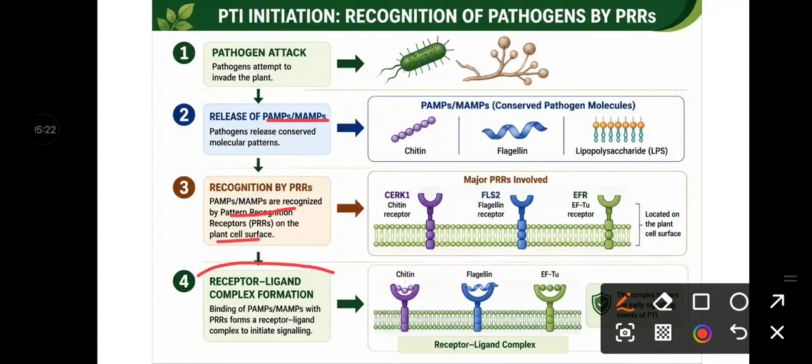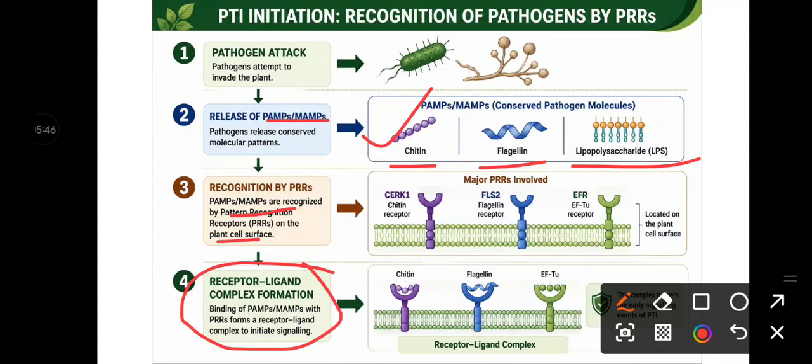This is a receptor ligand interaction, and ultimately our pattern triggered immunity will be activated. Some examples given here are chitin, flagellin, lipopolysaccharide. These are the PAMP molecules.